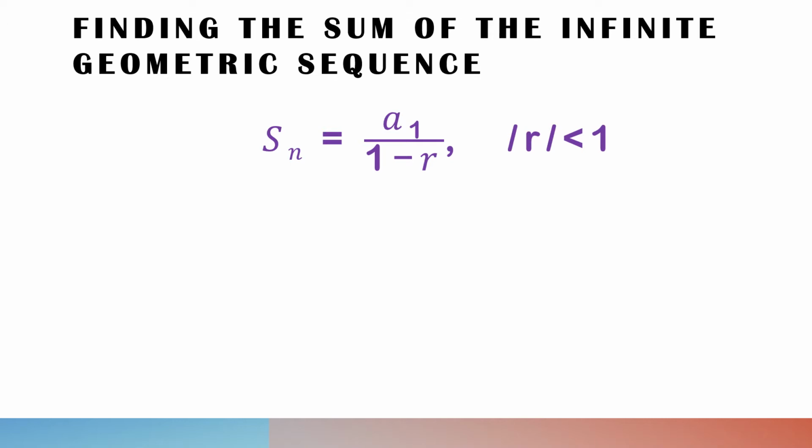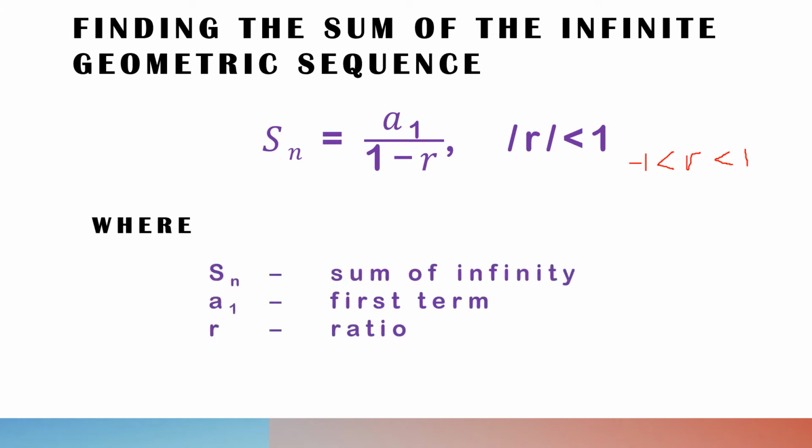So the absolute value of r less than 1 means that our r is less than 1 but greater than negative 1, where S sub n is the sum of infinity, a sub 1 is the first term, and r is our ratio. So actually, today's lesson is all about finding the sum of infinity.